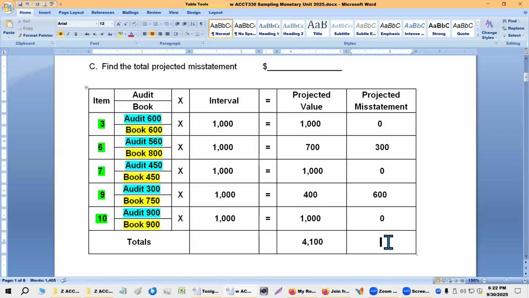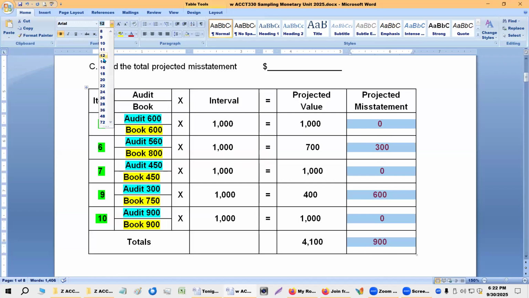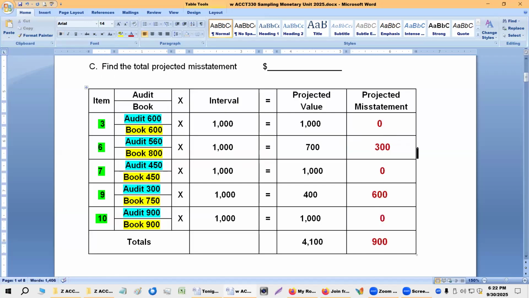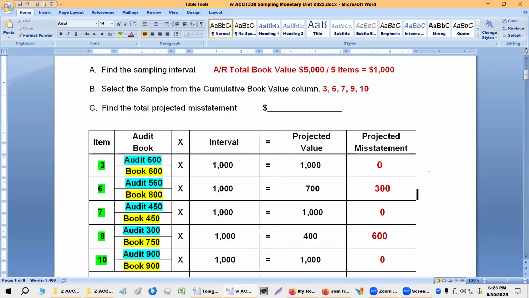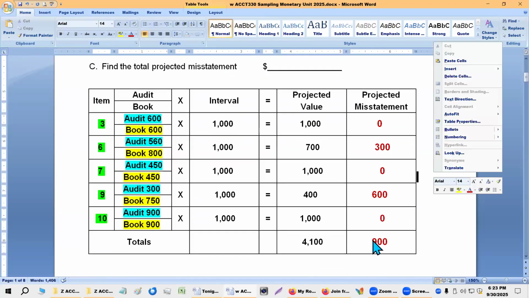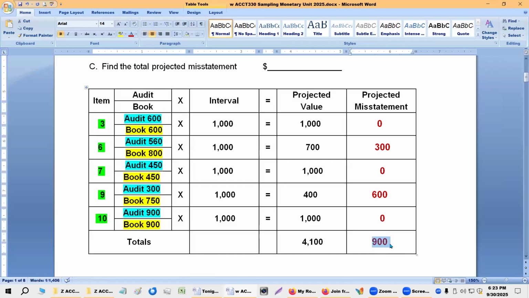And what we're really looking for is a misstatement here, and that's 900. Okay. So our projected misstatement is 900.